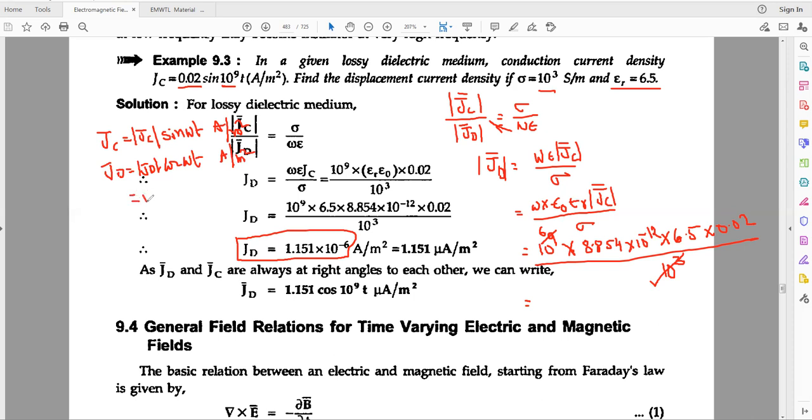Its magnitude is 1.15 cos of 10 power 9 into t, with the 10 power minus 6 also there. You can write that as microampere per meter square. Got it, my students?